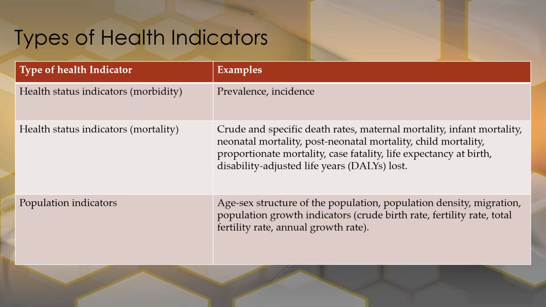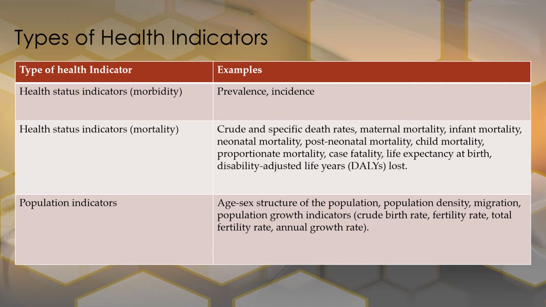We also have mortality. This includes crude and specific death rates, maternal mortality, infant mortality, and so on and so forth, or anything that causes death. When we say mortality, it refers to death. Then population indicators, these are age, sex, structure of the population, population density, migration, population growth.